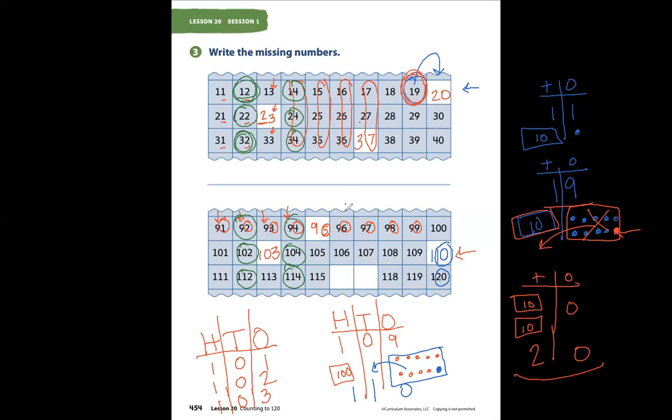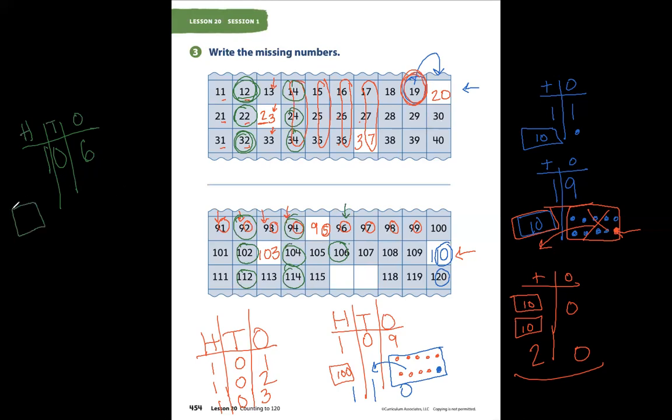Here it says 96, then 106. And if I have the number 106, what would be 10 more than 106? That means that I have a number in the hundreds place, a number in the tens place, and a number in the ones place.